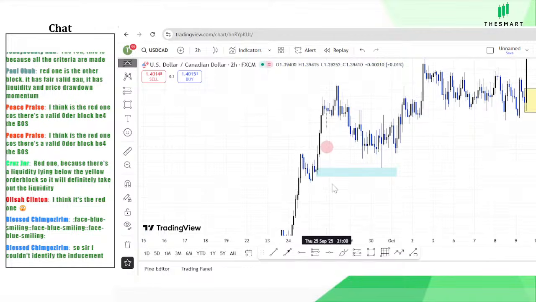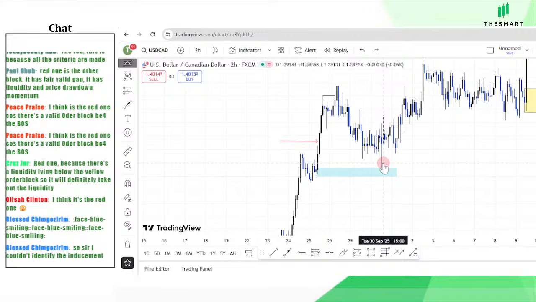We have our fair value gap here. We have this break of structure here. I've already explained that when you have this type of break of structure, you have no business trying to look for a buy. Even if you go down to the smaller time frame, even to 5 minutes, you have no reason to look for a buy. Refine your entry and come to where you are seeing the most valid setups.